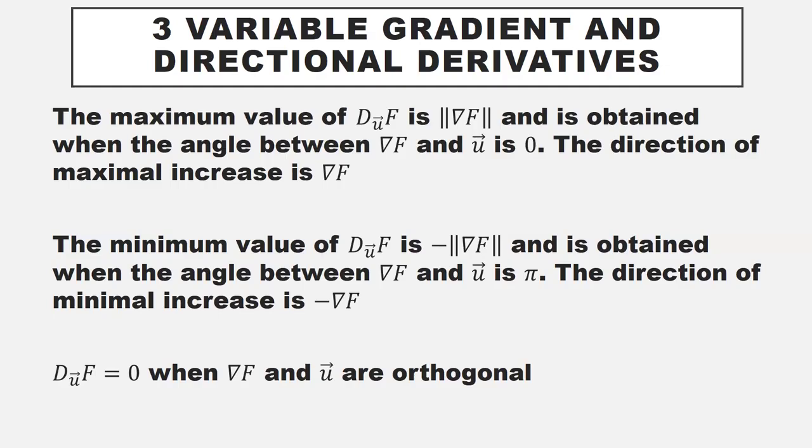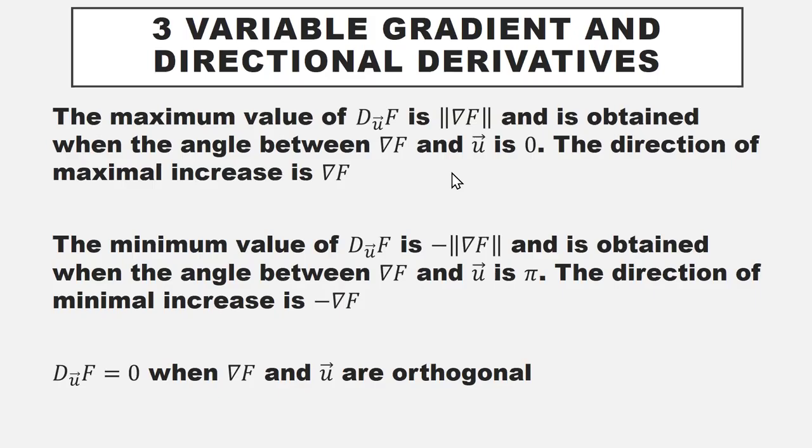Now, interestingly enough, the maximum value of the directional derivative is also going to be the magnitude of the gradient, and it's obtained when the gradient and the direction I'm going in have an angle between them of 0, which essentially means that they're parallel, right?